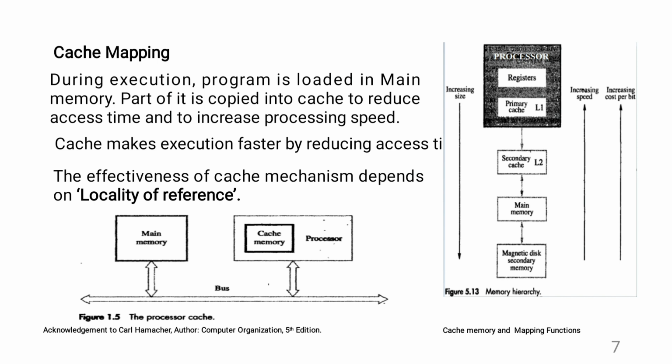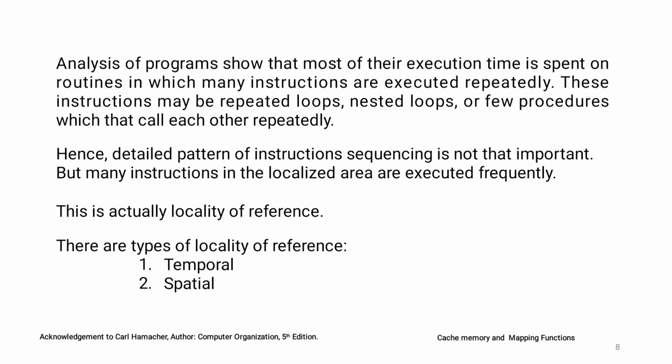The effectiveness of the cache mechanism depends on locality of reference. What is meant by locality of reference? It is a property of programs that is used in an advantageous manner by cache to reduce access time and hence increase the speed of the computer.